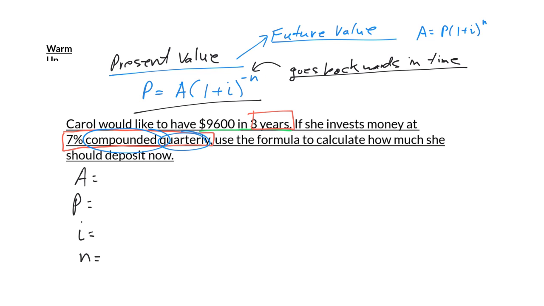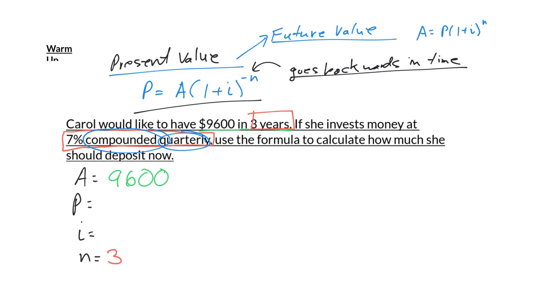Now, we know that the final amount is going to be 9,600, so I'm going to put 9,600 here for A. All right, and this is going to happen in 3 years.